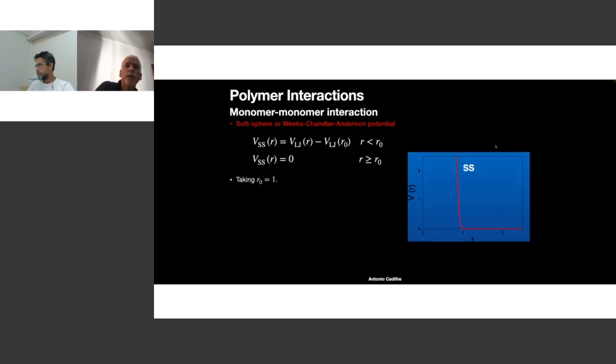Finally, the other component is that if I have one monomer, say, at one extremity, and the other monomer at the other extremity, and they find themselves later at some point in time, they should not cross each other. So there should be a repulsive interaction between them in such a condition.